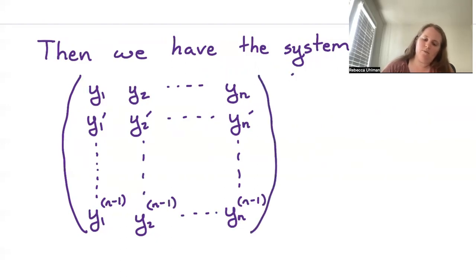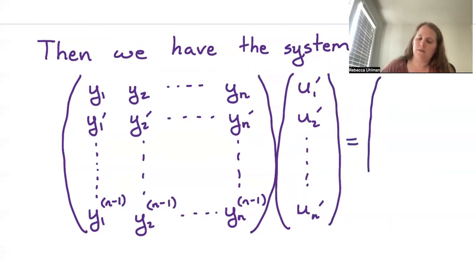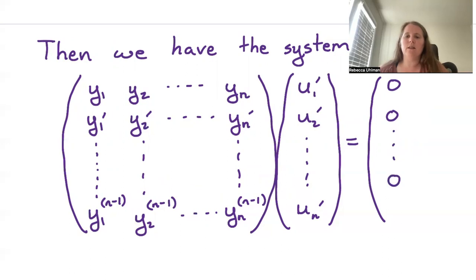This matrix multiplied by the vector u1 prime, u2 prime, all the way through un prime should be equal to all of those equations, until the very last equation, that the sum of ui prime times yi to the k minus first derivative, adding all those up, was equal to 0, until the very last one, which we just found was f of x divided by P0 of x.